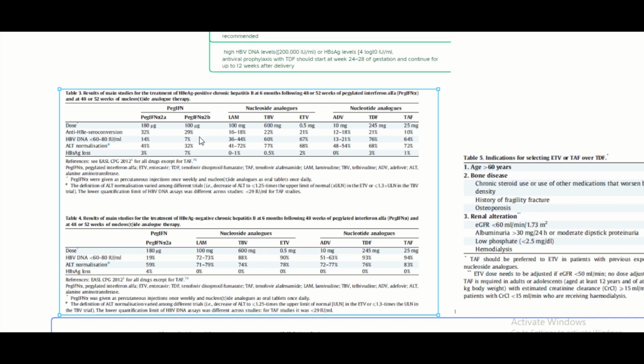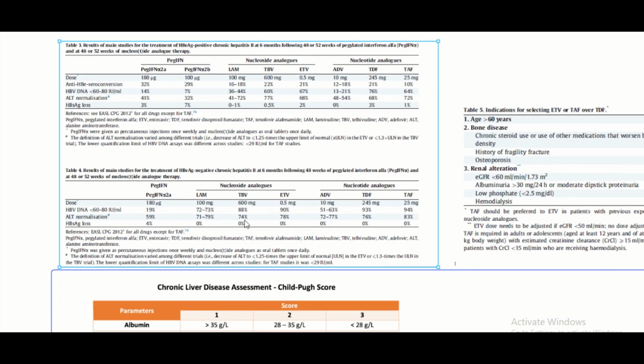That's why we have these low numbers here of normalization and suppression. But if we check for others, the suppression can be really higher. Here we see within normal doses, it is almost 94% for tenofovir.